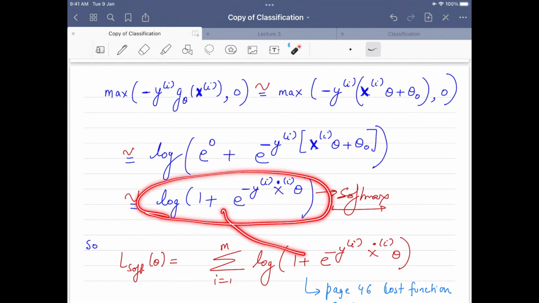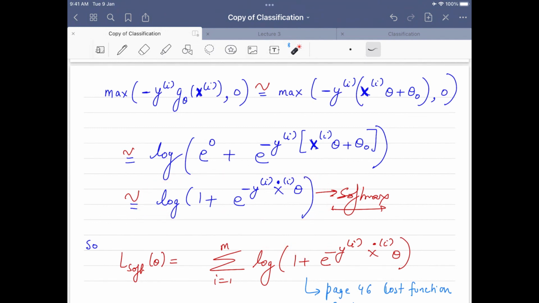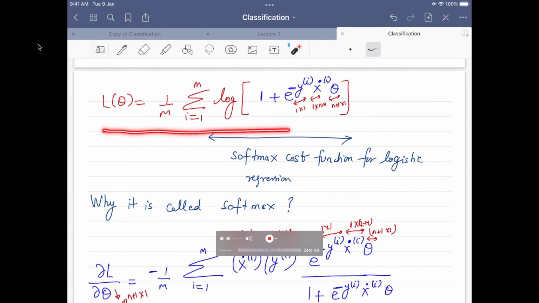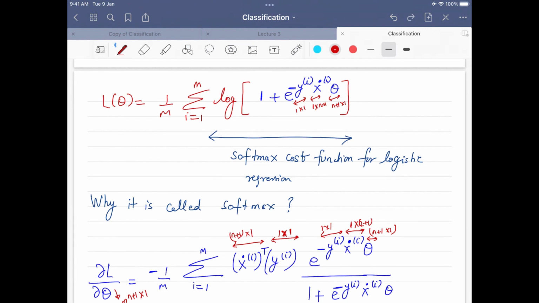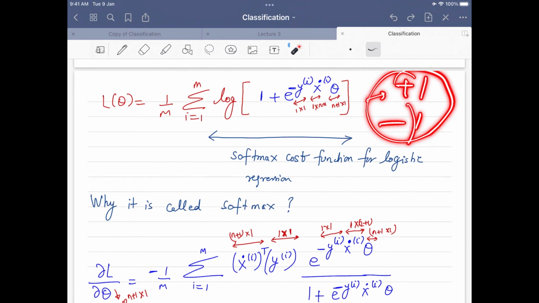Both of them are the same. Note that this classification example which we had taken, or the loss function which we had derived for it, is for labels +1 and -1. So for that you are getting this loss function, right?